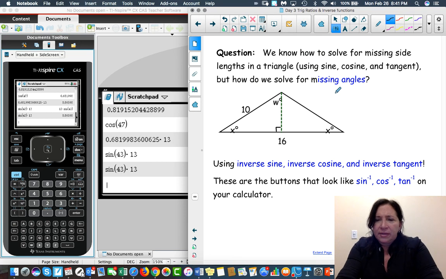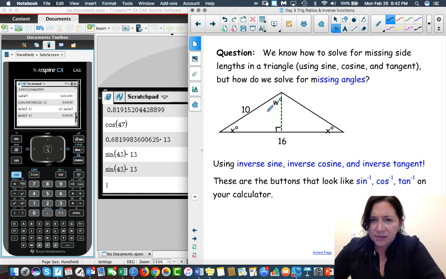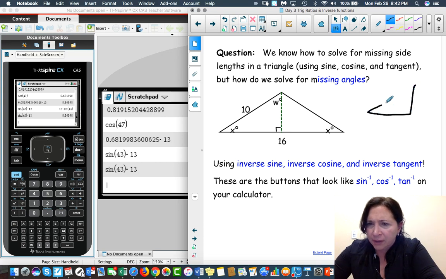So the flip side to doing this is not just finding sides using the trig ratios, but also finding the missing angles. Meaning what is X or W? So how would I find X? Now, let's do this example. I'm going to rewrite this triangle on the left side.